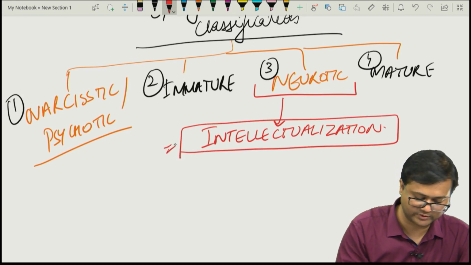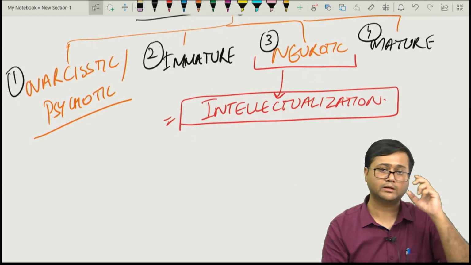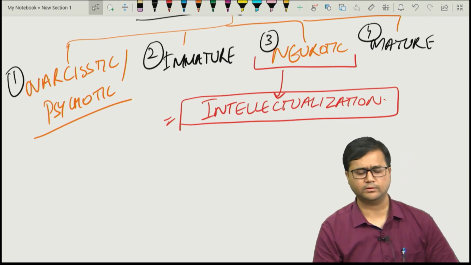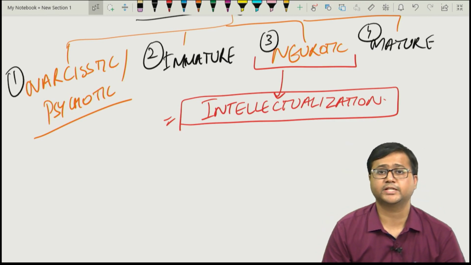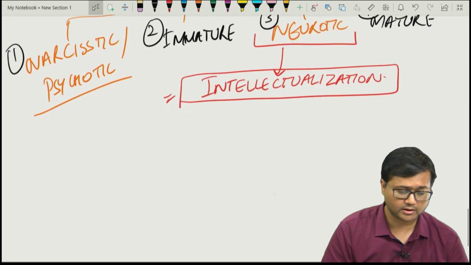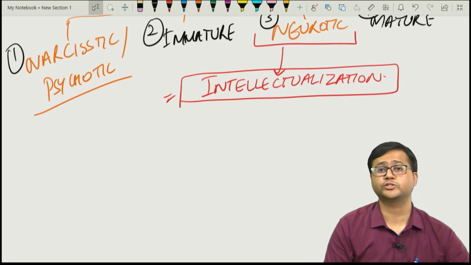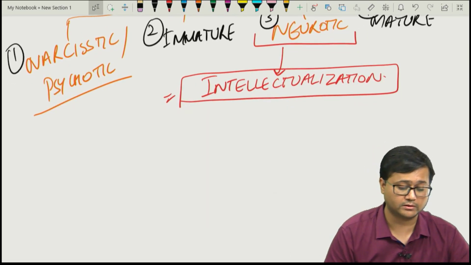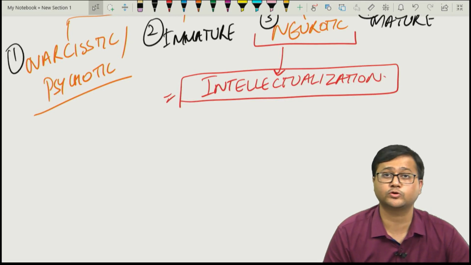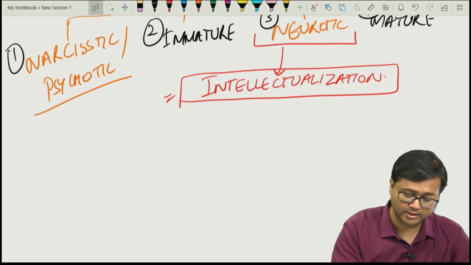Now, here as we have seen, the female in the question is suffering from breast cancer. Still, she is not showing her emotions, but is in fact involved in knowing the epidemiology of the disease. So, this is an intellectualization kind of defense mechanism.